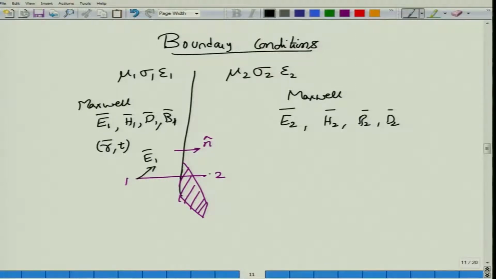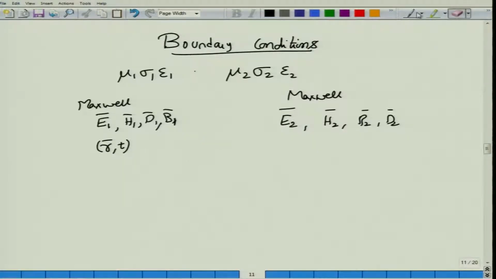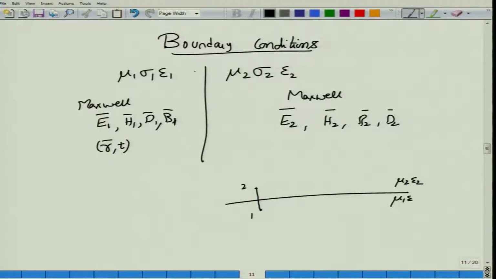Similarly, we have calculated E2. Let me simplify and orient my boundary this way, because this makes my task a little easier. These 2 points are bisected by the plane. Above this plane you have mu 2 and epsilon 2, below this plane you have mu 1 and epsilon 1.